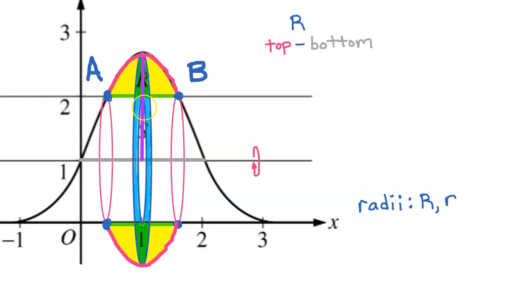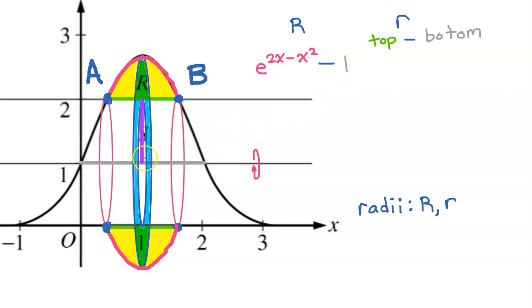Let's start with the big radius. When the radius is vertical, we can write an expression by subtracting the top function minus the bottom function. In this case, the top function is e to the 2x minus x squared, and the bottom function is 1.